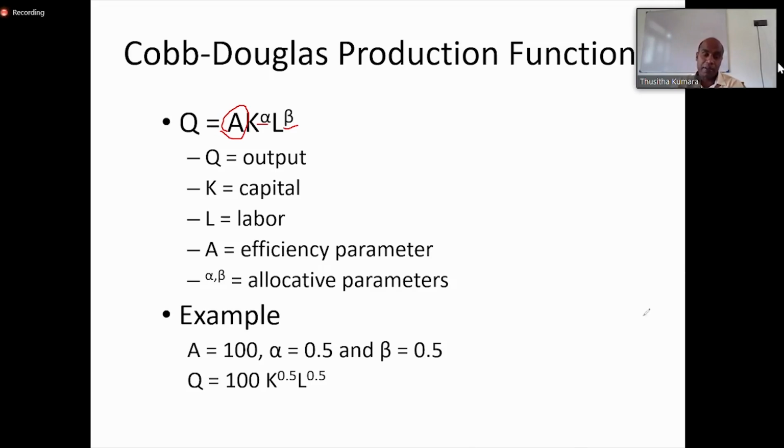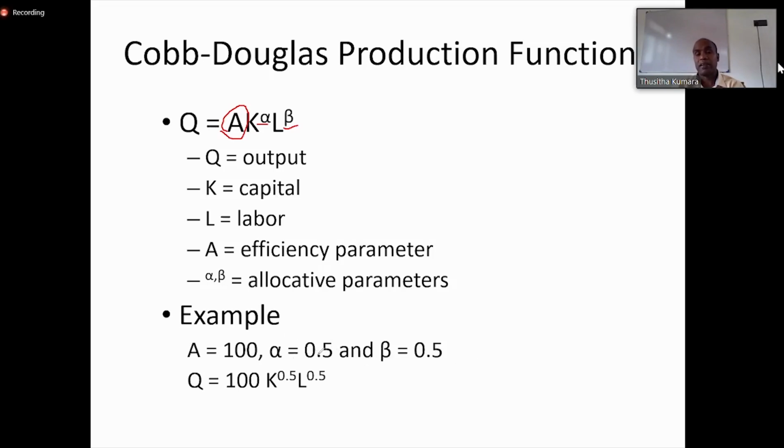So I have put an example here. Efficiency is 100, which says if you mix one labor and one capital, your output will be 100, because it is the efficiency parameter. Alpha value 0.5 and beta value 0.5 says you are going to mix equal amounts of capital and labor in this production process, which is given by 0.5.